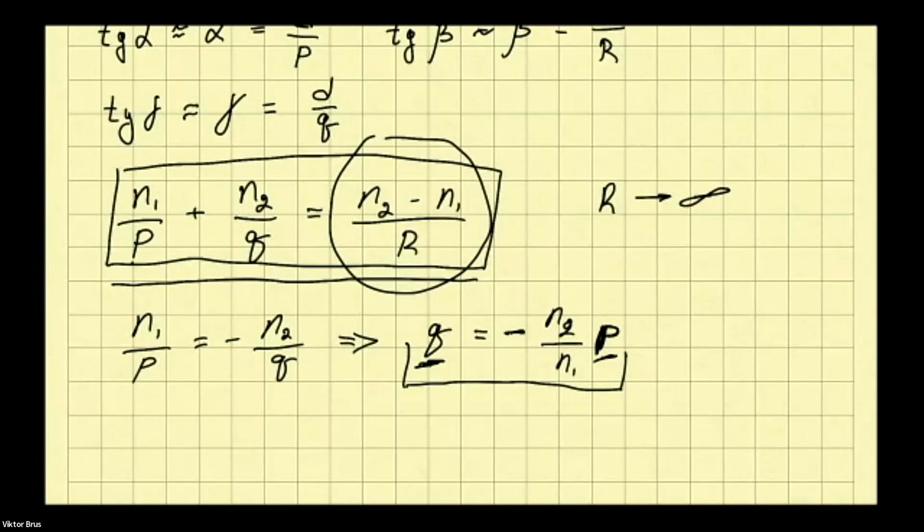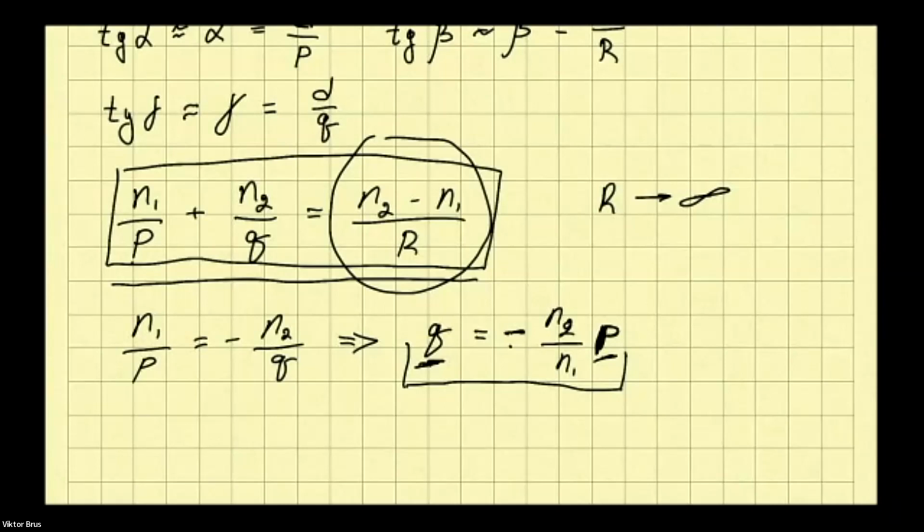If P is negative, then minus and minus will give us plus. So negative P means that the object is located on the right side of the interface, and that's a so-called imaginary object. This particular case happens when we have a magnifying glass.